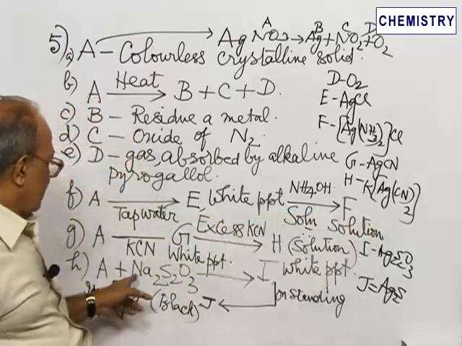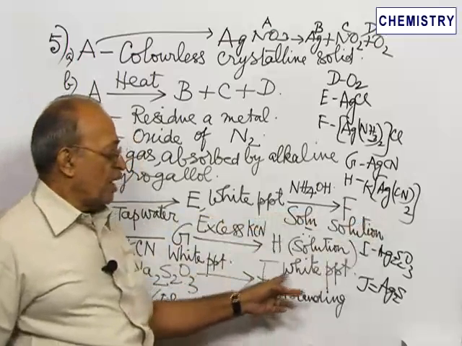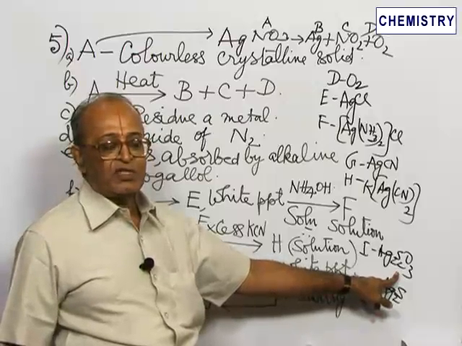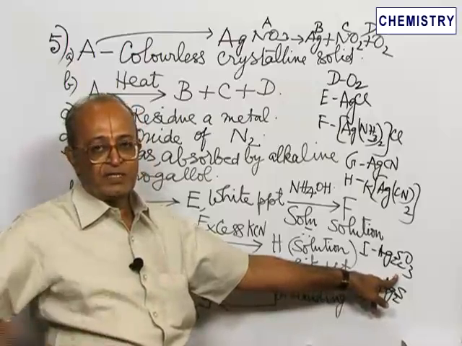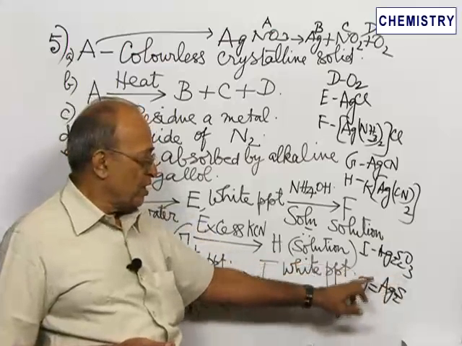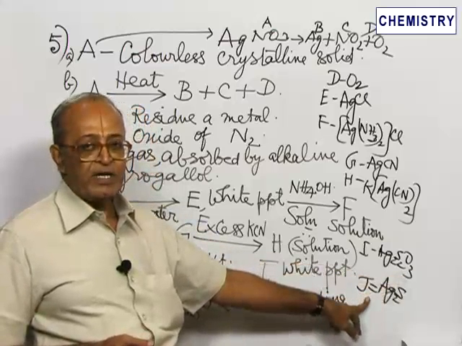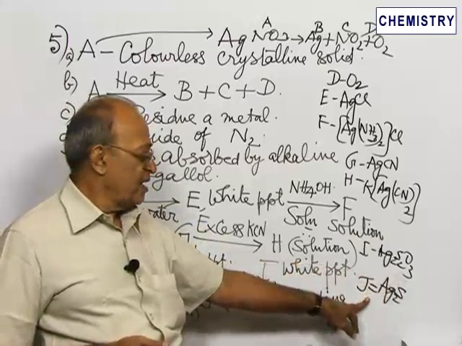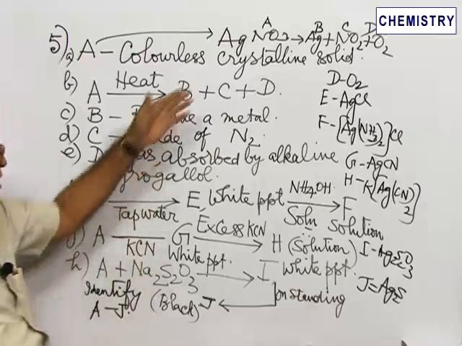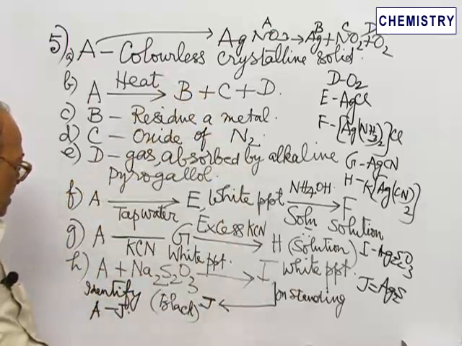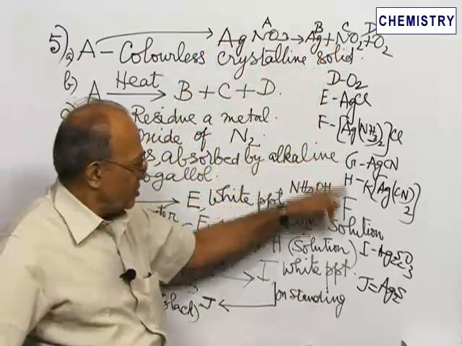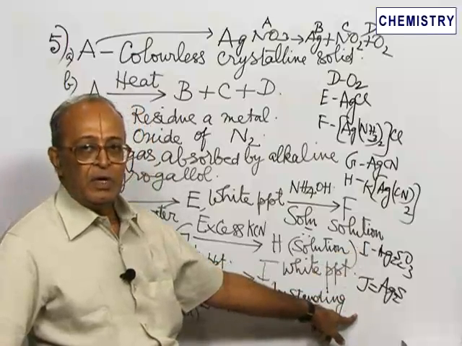Then I, with the sodium thiosulfate, the white precipitate is silver thiosulfate. This silver thiosulfate undergoes play of colors on standing. It slowly changes its color in steps to give finally a black precipitate, namely silver sulfide, which is J. So from A to J, I think we have identified all the compounds.